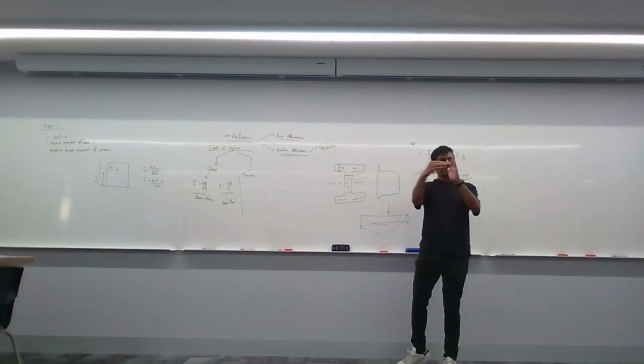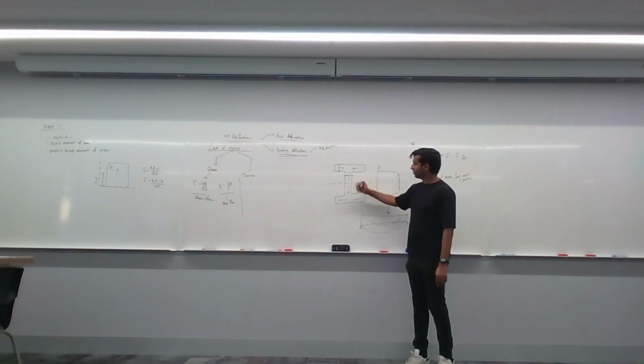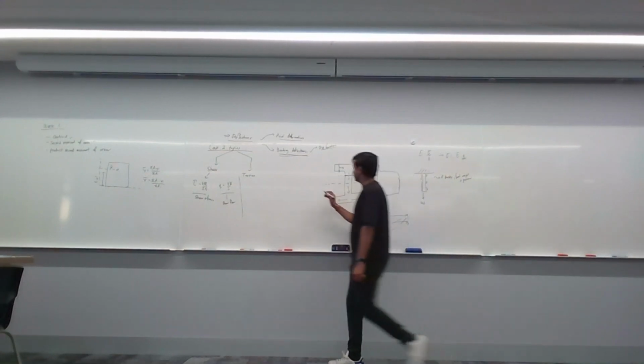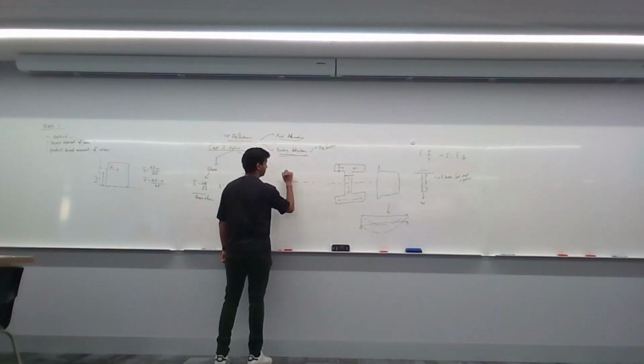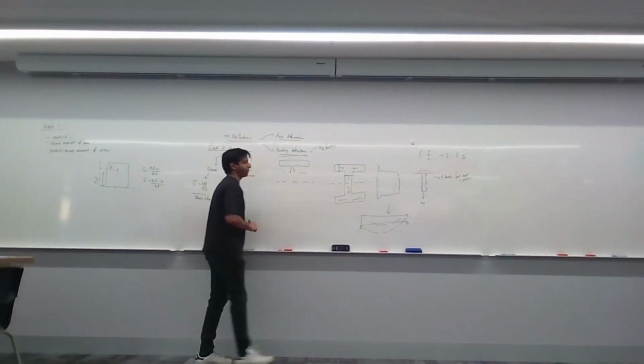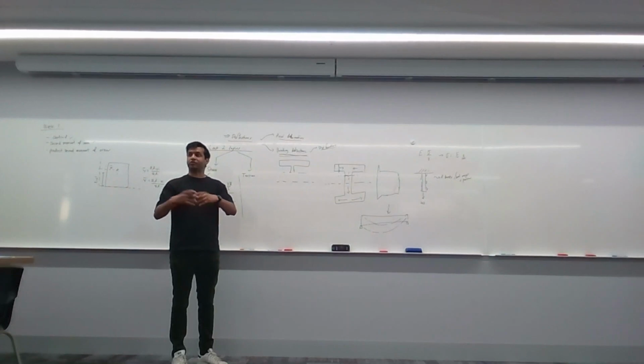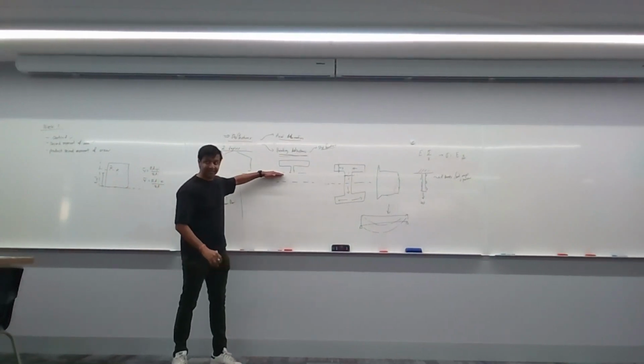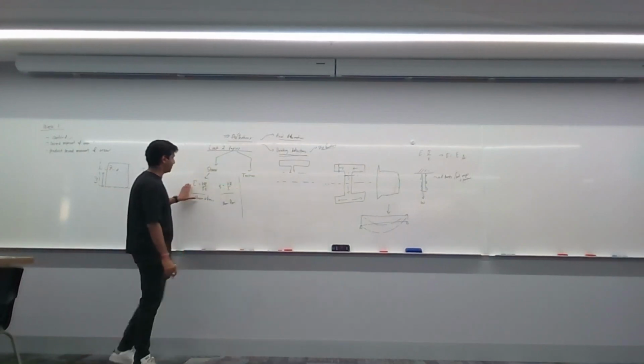Because the cut is always perpendicular to where the shear flow is. Once you make your cut, you can redraw the shape here like that. You'd draw out your structure from the cut to the extreme ends of the cross section, and you can calculate VQ over IT.